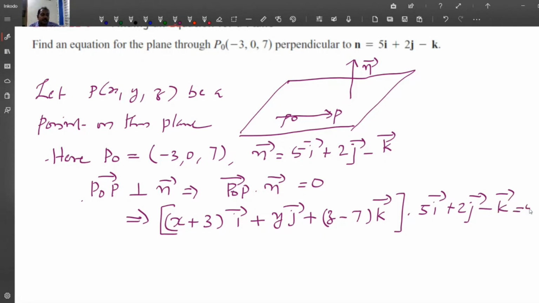This is equal to 0. This is your dot product equal to 0.